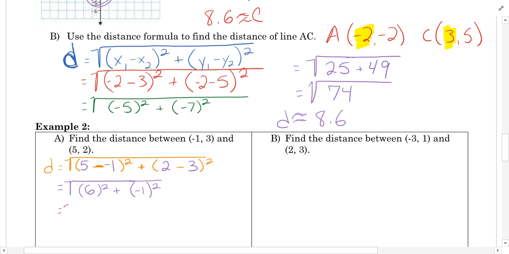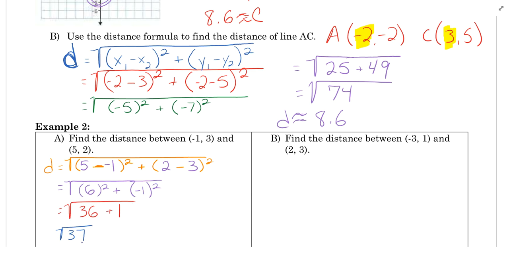And simplify even further, 6 squared is 36, plus -1 squared, -1 times -1 is +1, and that would give us the square root of 37, which if we were to do that in the calculator would be approximately 6.1.